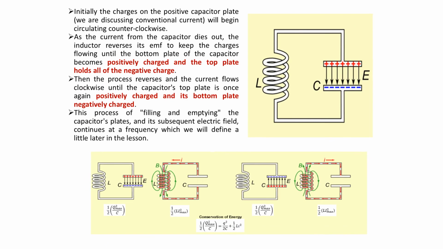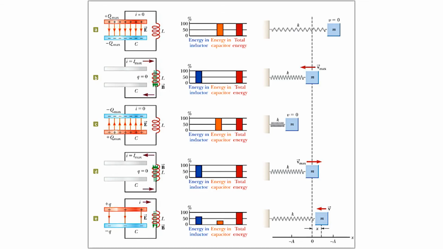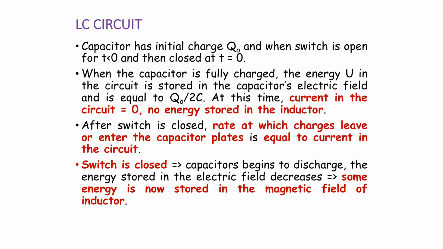Okay, so I already explained it on the diagram, so hopefully you understand, and there's an explanation here. I already put it here for you to compare, which you can see is basically the same thing. Simple harmonic motion is like LC oscillation. Here you need to understand that the rate of charge leaving or entering the capacitor, at a particular time when the capacitor is fully charged, is equal to the current inside the circuit.